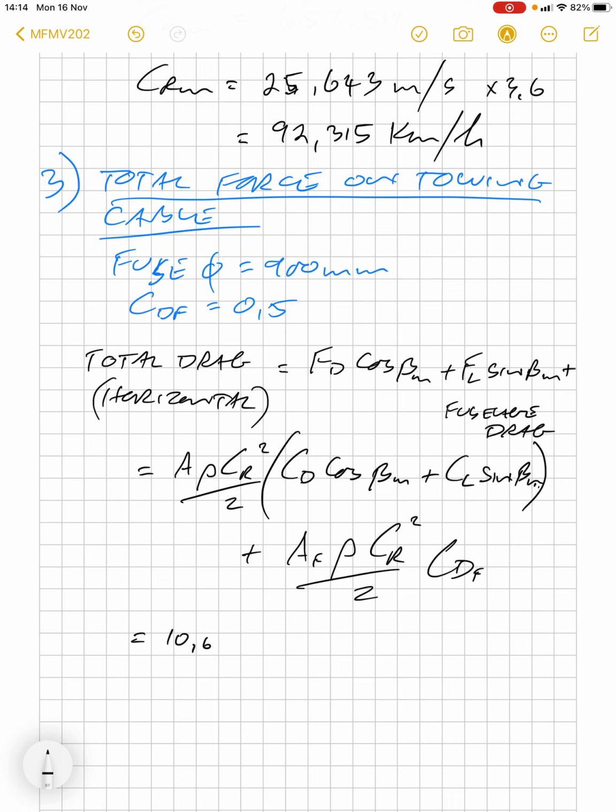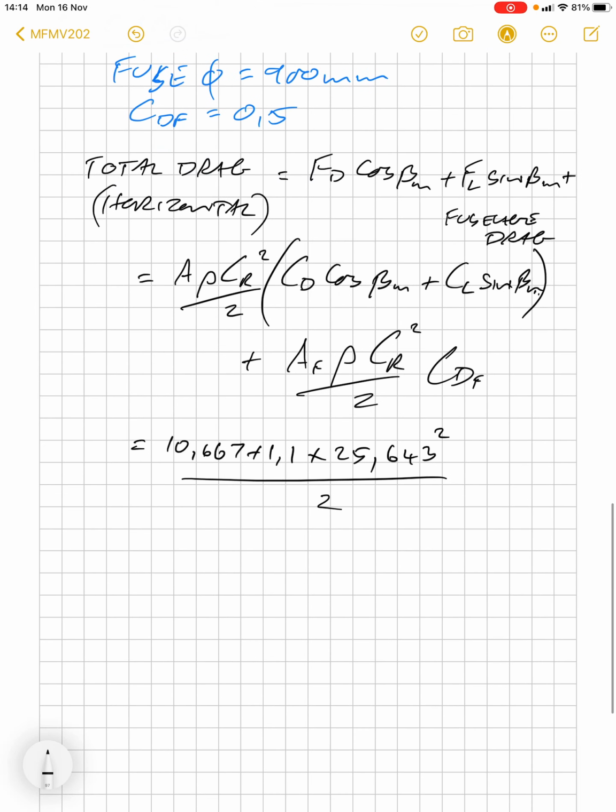So if we substitute, we've got 10,667 plus 1.1 times 25.643 squared over 2 multiplied by 0.009 cos 8 degrees plus 0.9 sine 8 degrees.